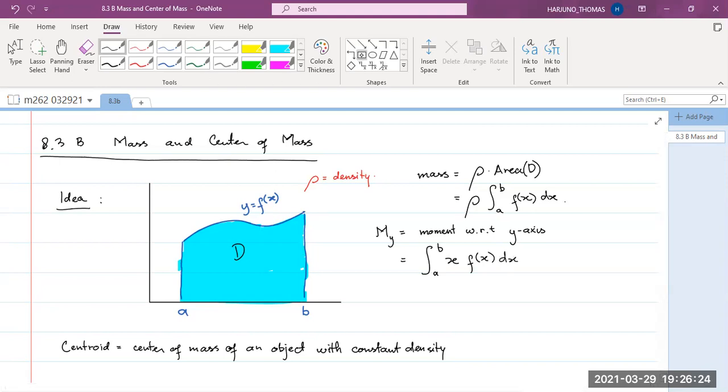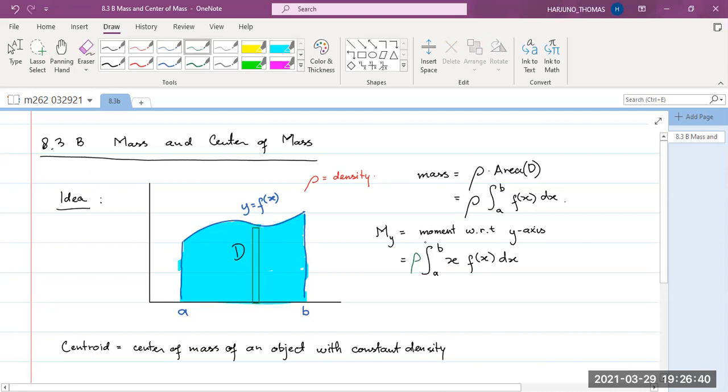So imagine if I construct a very little strip here. Let's say that's a little strip here. Oh, with a rho, multiplied by rho.